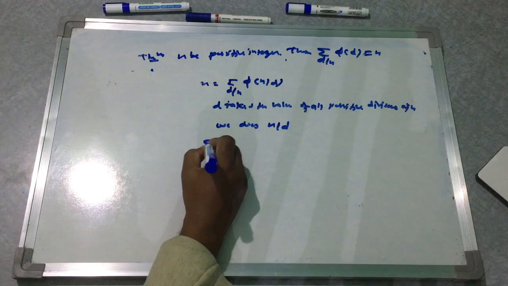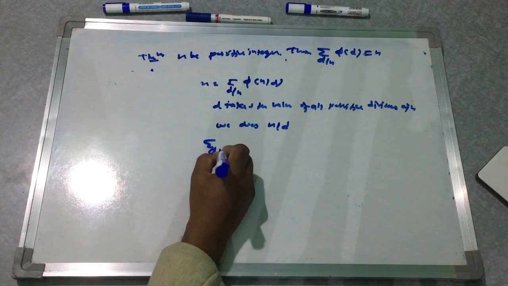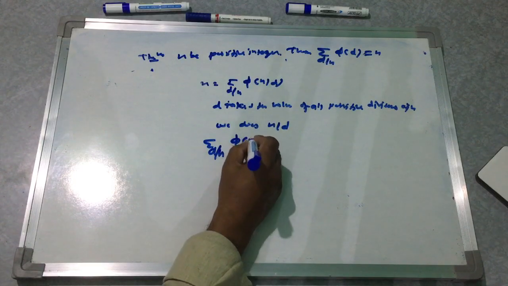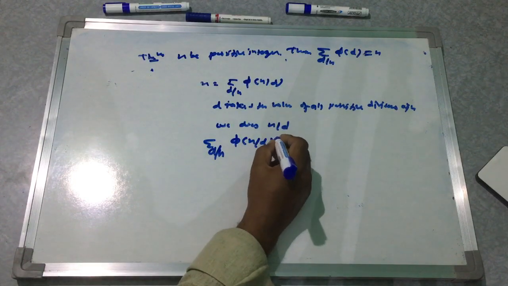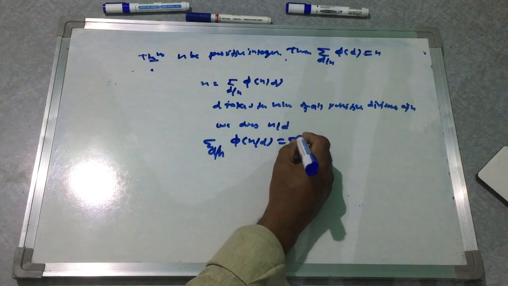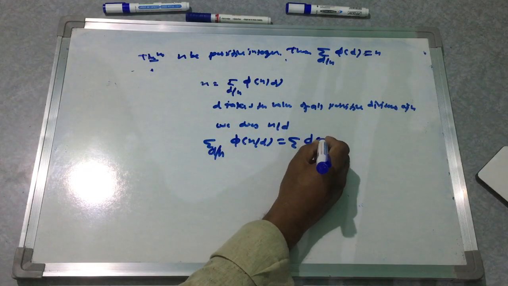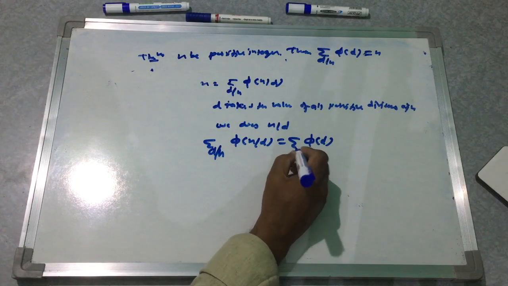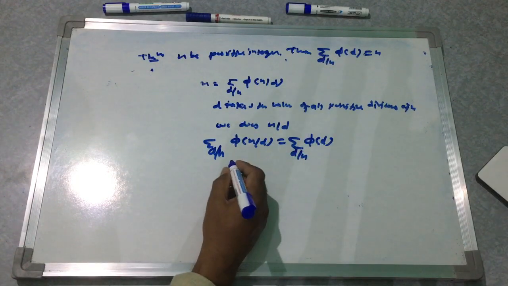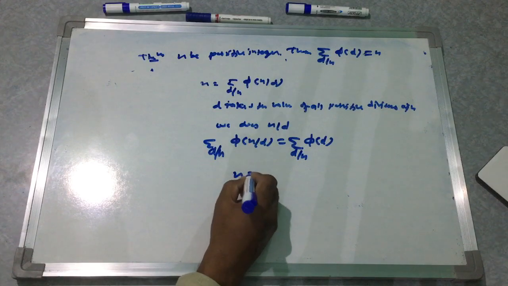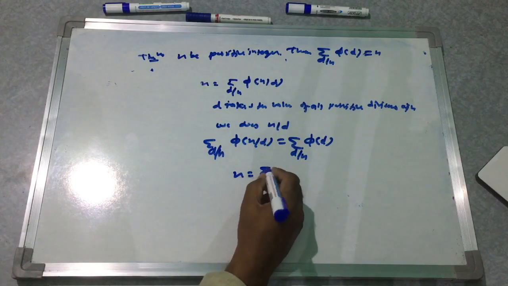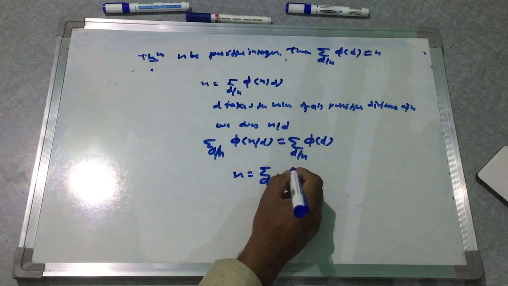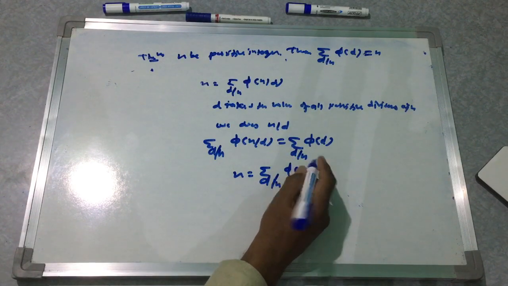It means the summation over d dividing n of phi of n/d is equal to the summation of phi of d over d dividing n. So that is equal to n, the summation over d dividing n of phi of d.